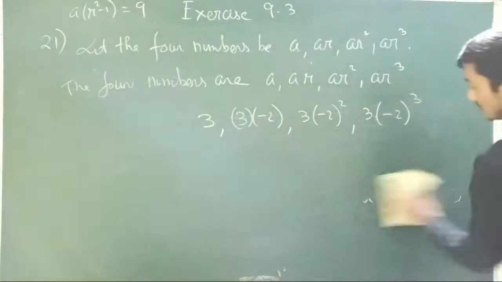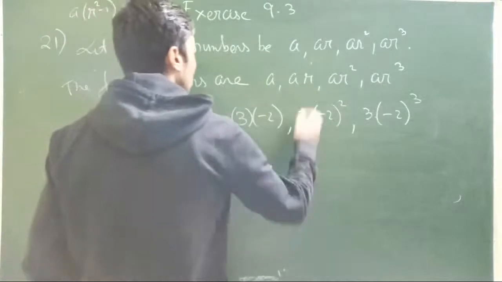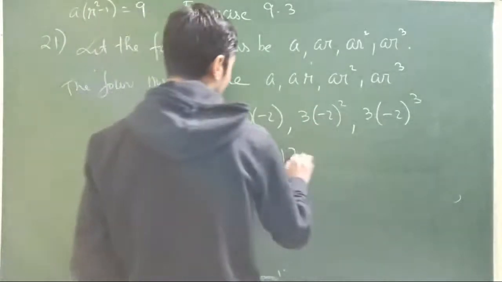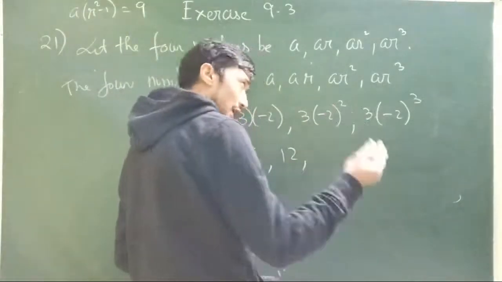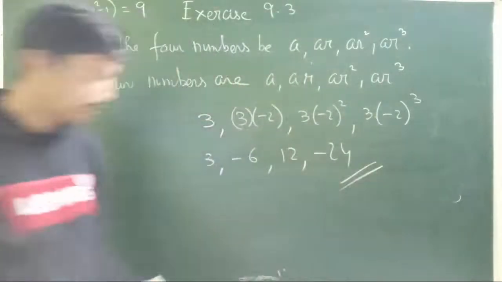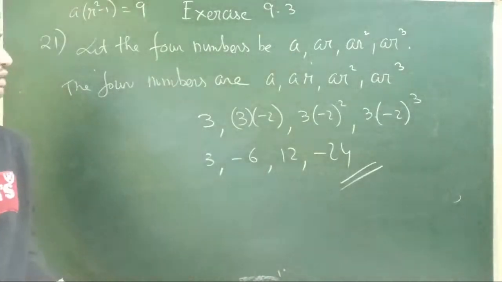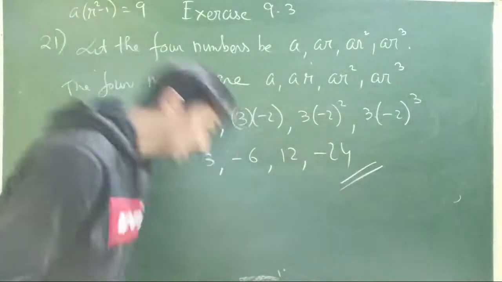So let's simplify this. So that's 3, minus 6, 2 twos are 4, 3 fours are 12, and minus 8 into 3 is minus 24. So these are the four terms: 3, minus 6, 12, minus 24. These are the four terms which are in GP as per the given question and conditions.